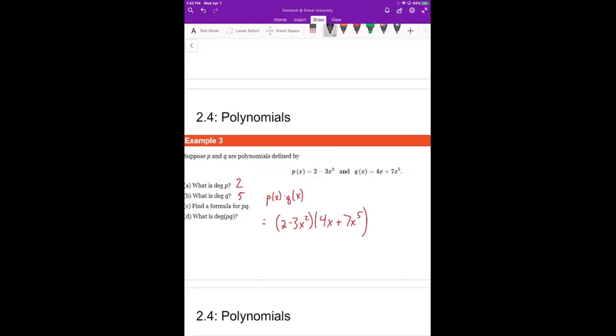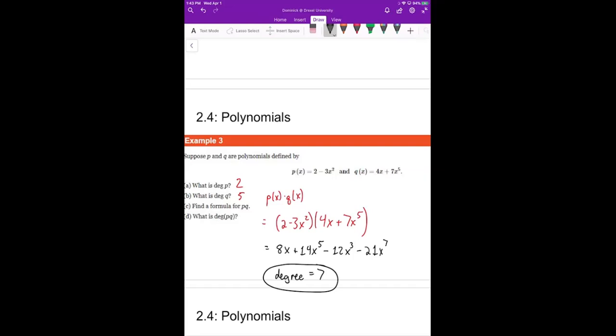So if I distribute here, I'm going to get an 8x plus a 14x to the 5th minus a 12x to the 3rd, and then it looks like a minus 21x to the 7th. All right, so it looks like here my degree is 7 now.